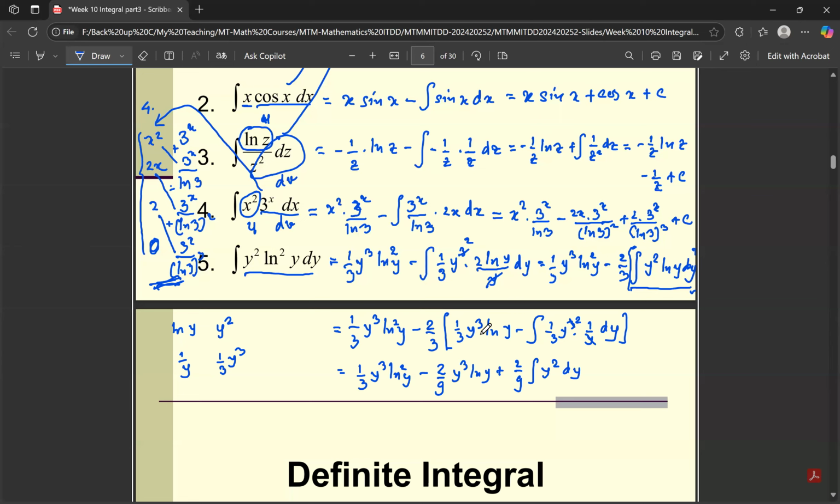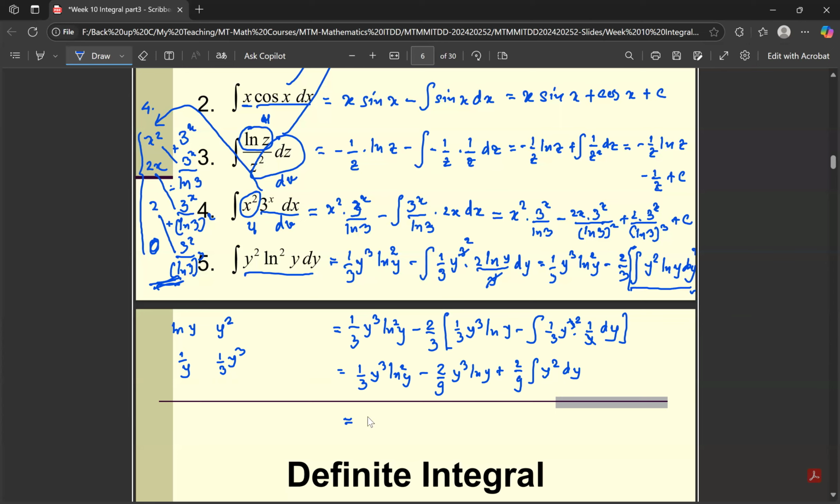This is the simplification of the last equation. Then, again, we still have one integral.